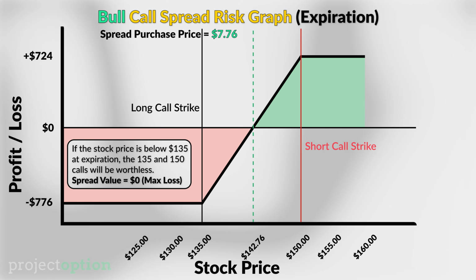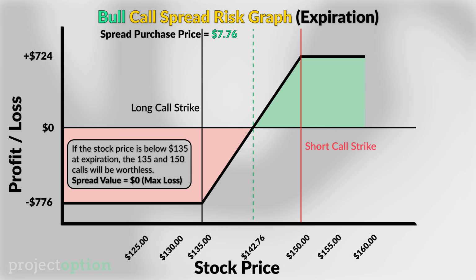And that will occur if the stock price is at or below $135 at expiration, because if the stock price is at or below $135, the 135 call and the 150 call will both expire worthless, and therefore the spread itself will be worthless.